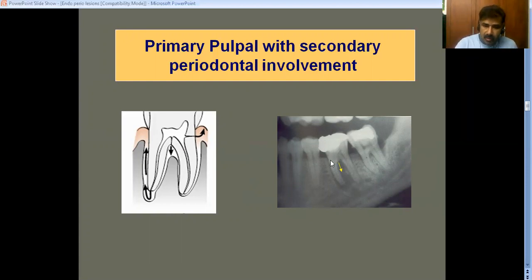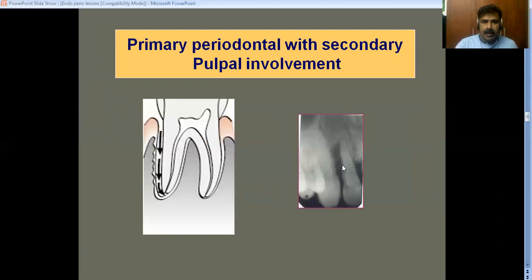It has originated within the pulp, and probably through an apical foramen or an accessory canal, this lesion from the pulp has entered the periodontal ligament space, and it has resulted in destruction of the periodontal ligament as well as alveolar bone. So this is a primary pulpal lesion with secondary periodontal involvement.